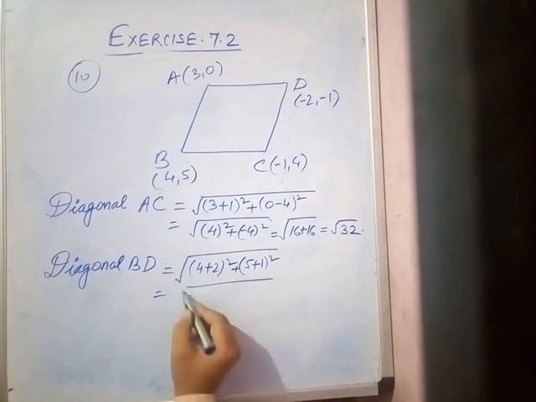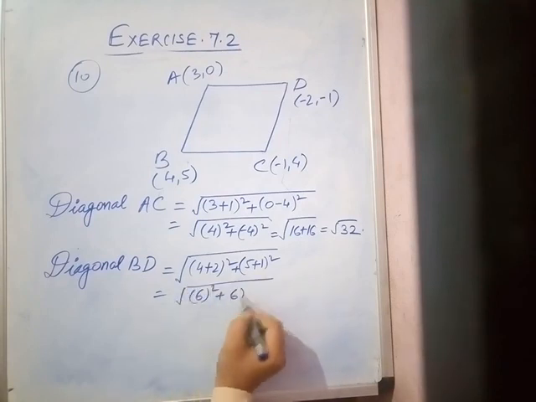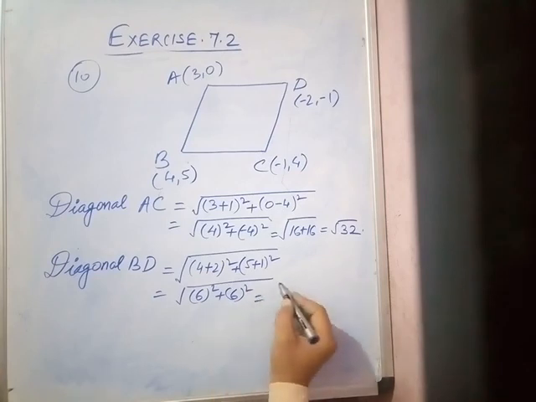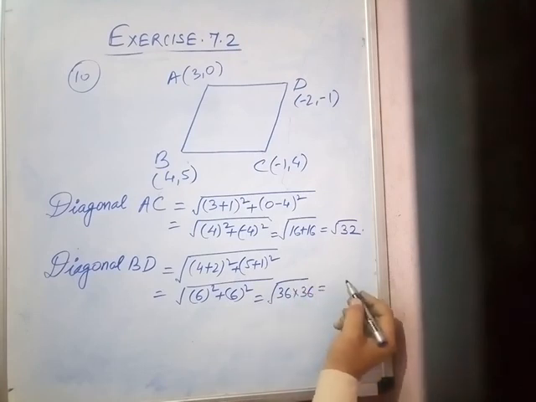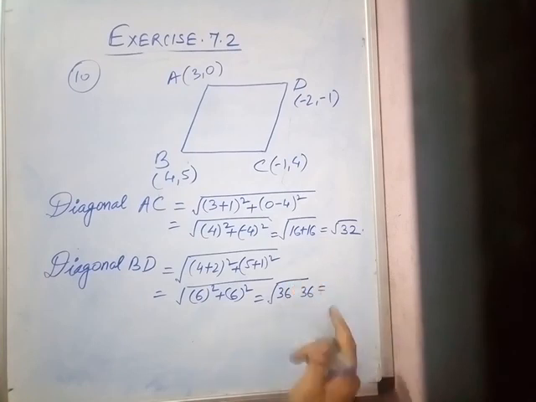So it is 6 square plus 6 square, that is 36 plus 36, so it becomes 72.